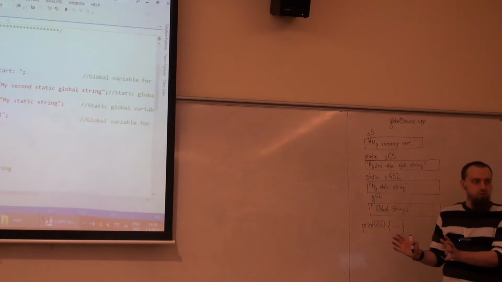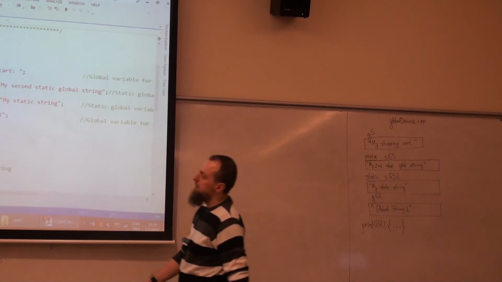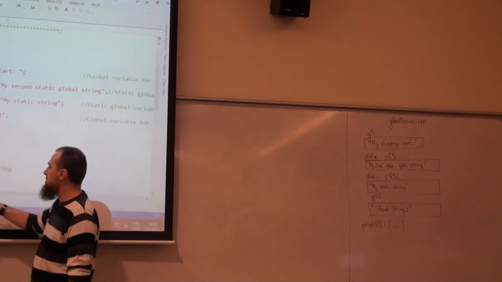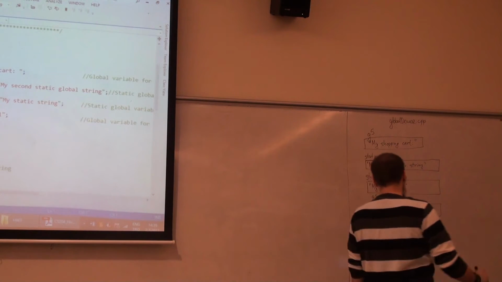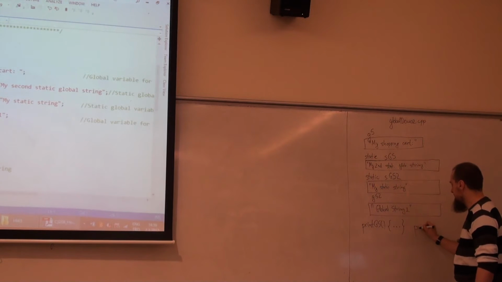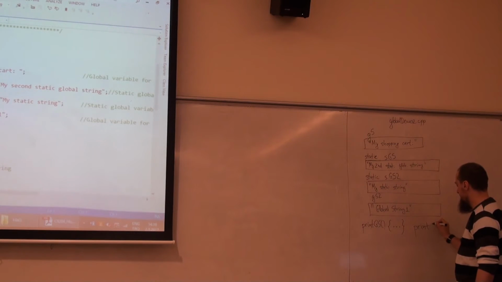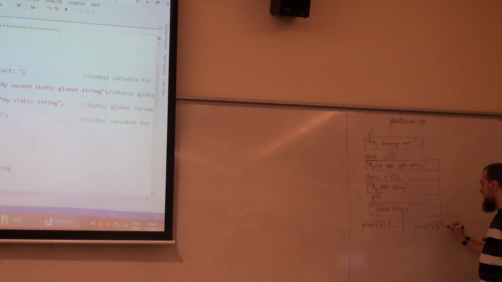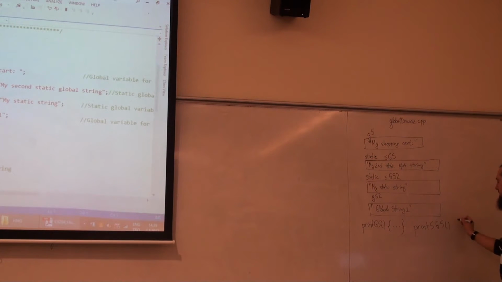They are not prototype functions. Another function is print static globalString, SGS. It's also written here.